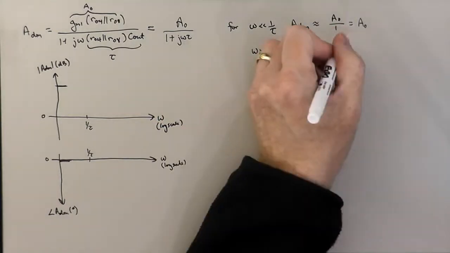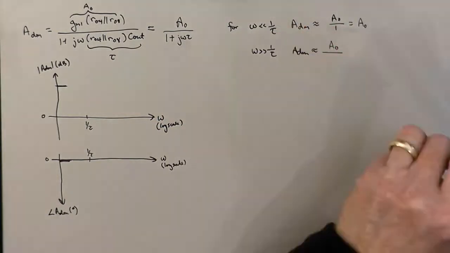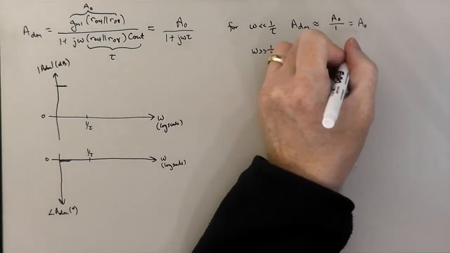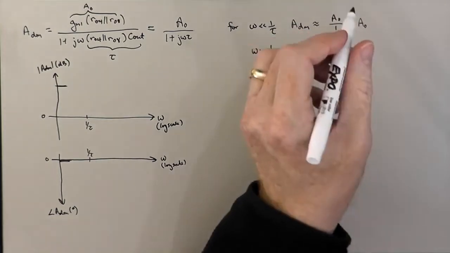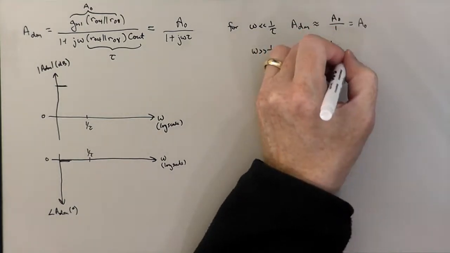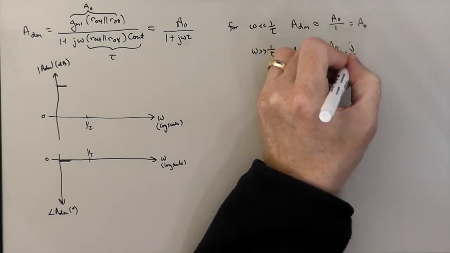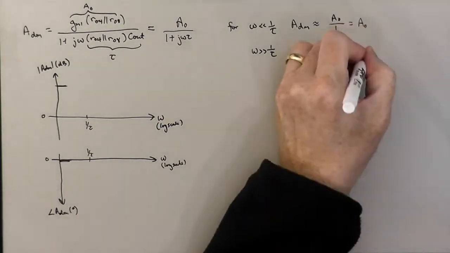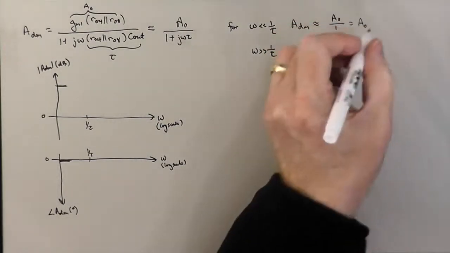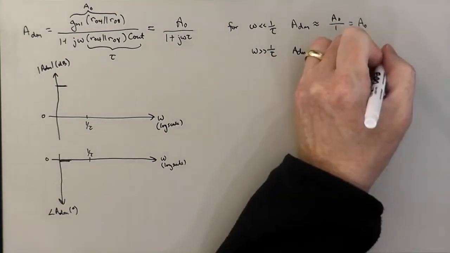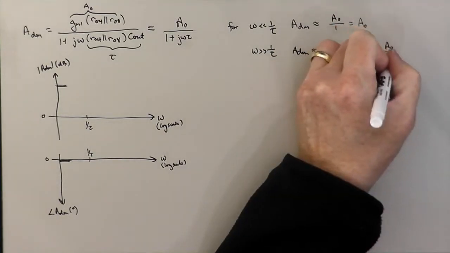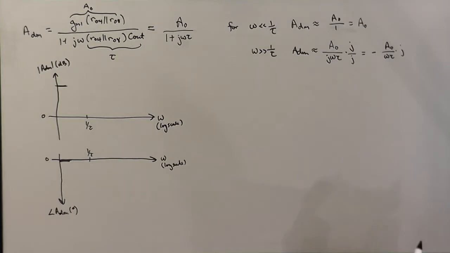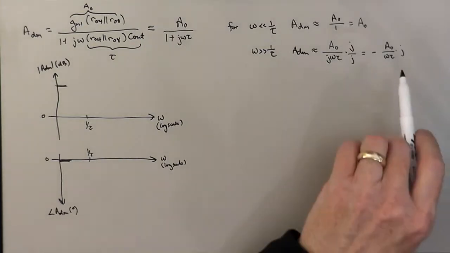And so ADM is going to be approximately A0 over j omega tau, which, if we rationalize the denominator, with j over j, we can write as minus, from the j squared downstairs, A0 over omega tau times j. So here j is the square root of minus 1.